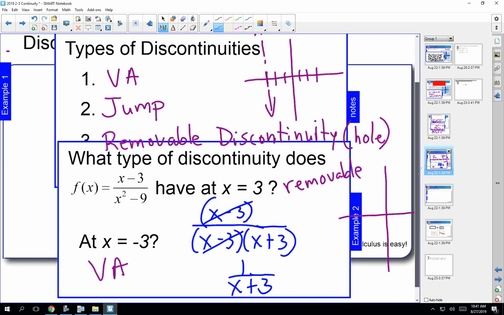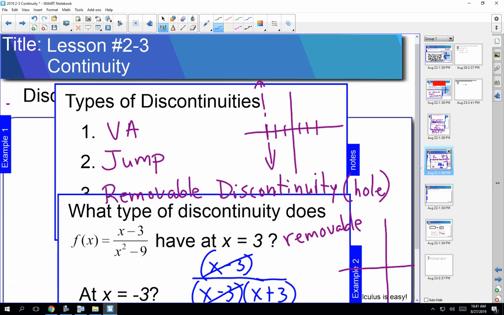So at (3, 1/6), we have a hole, right about here. There's a branch that goes to the hole and keeps going, and then another branch over here to the left of the vertical asymptote. So both discontinuities as you go from negative infinity to infinity are shown there: the vertical asymptote and then the hole.